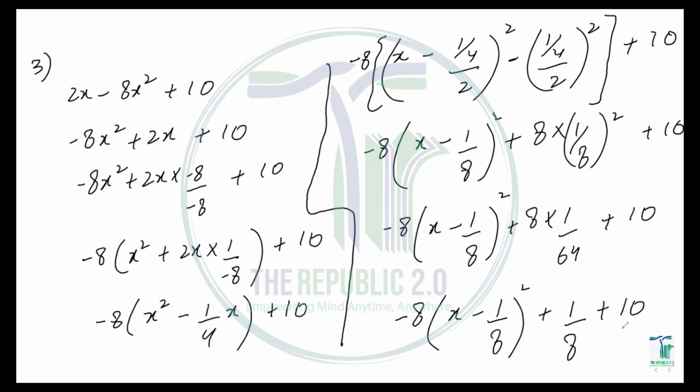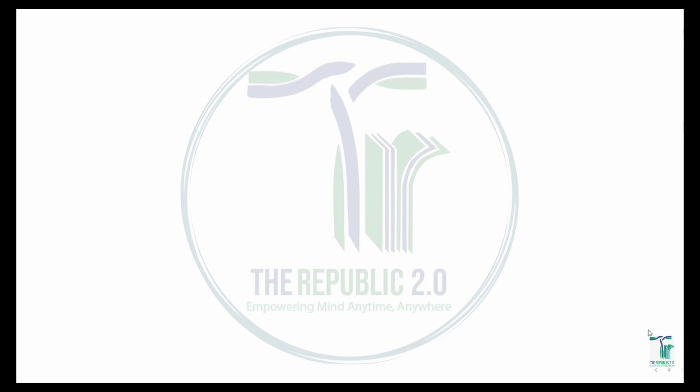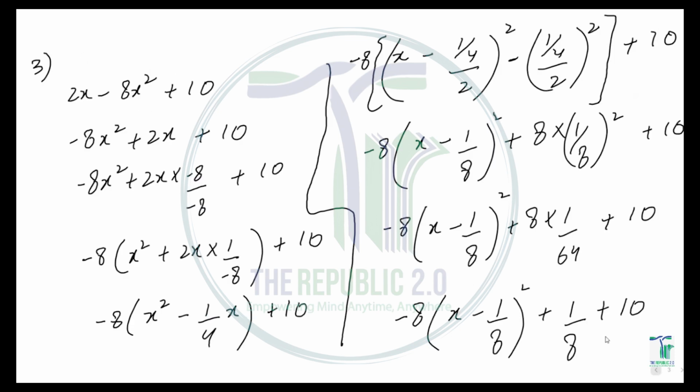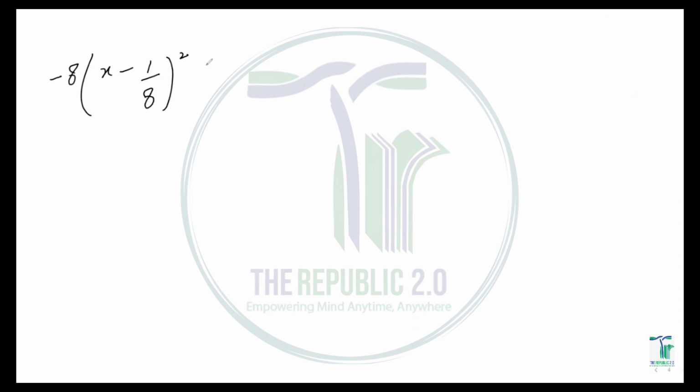I'm just going to write 1 by 8 plus 10 to get myself the final answer. So I would be having negative 8 x negative 1 by 8 whole squared. And then over here, this is 1 by 8 plus 10. And that is going to be 8 times 10 is 80. 80 plus 1 has to be 81. So 81 divided by 8. So I would be having 81 divided by 8 as the final answer.